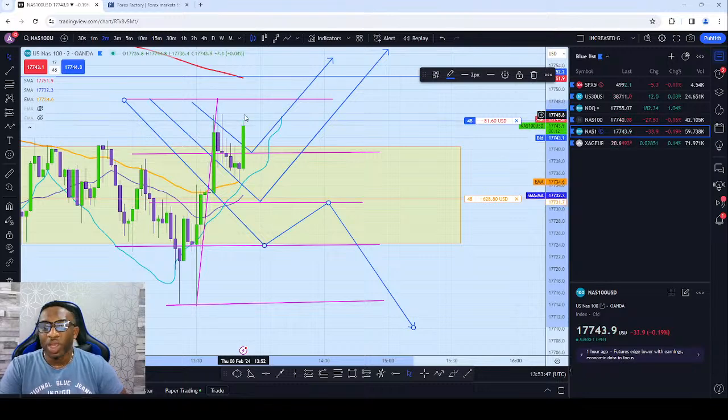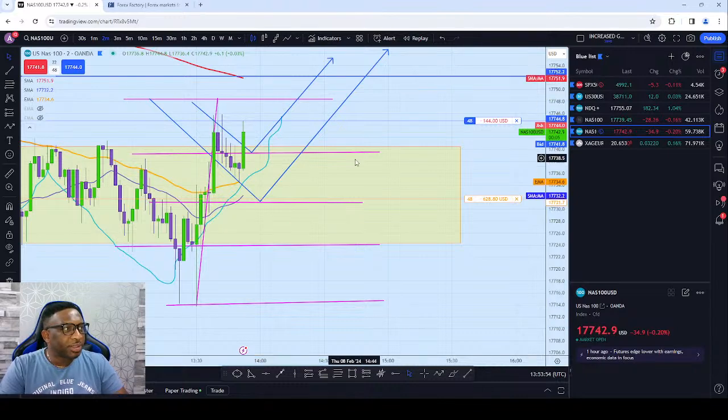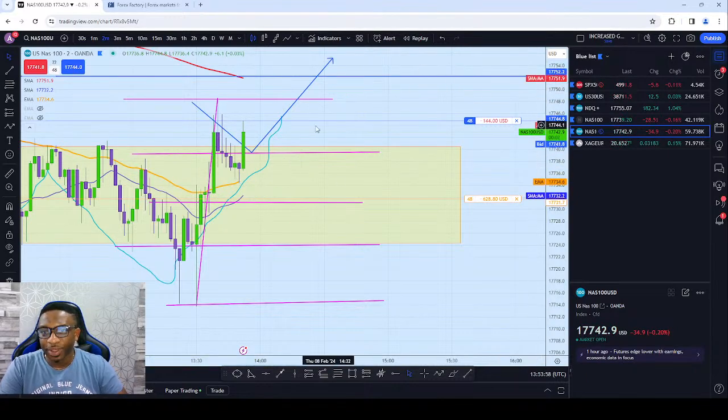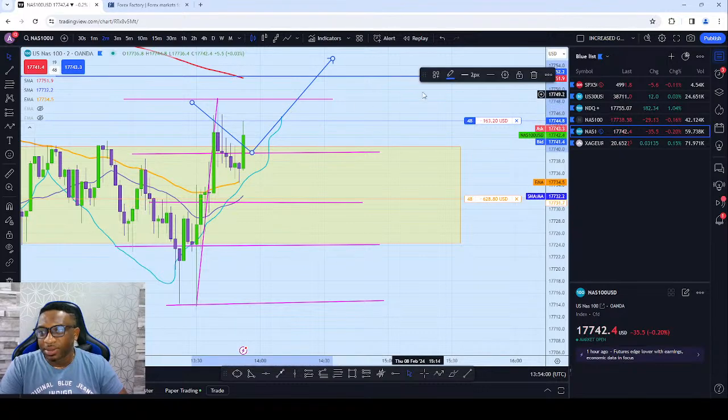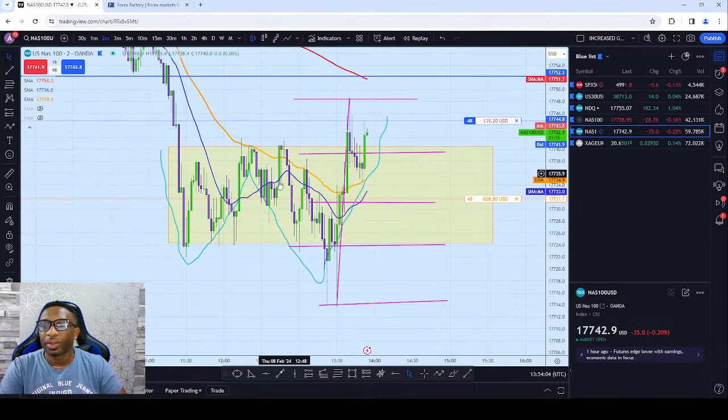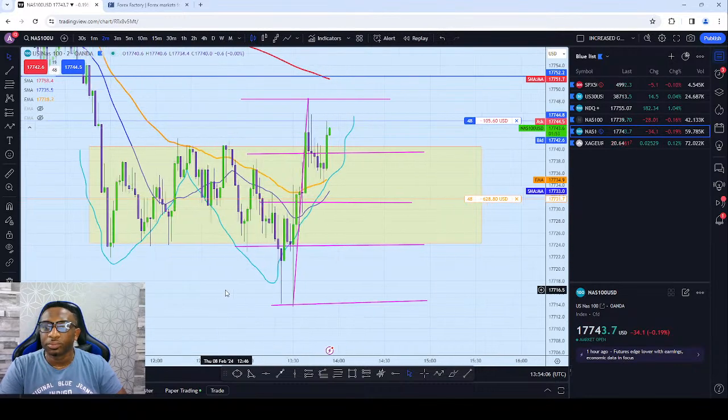If it closes like this, at least we have some momentum coming in. Let me delete this off the chart. Do you get the picture of me putting all these things on? Is it clear or is it confusing?